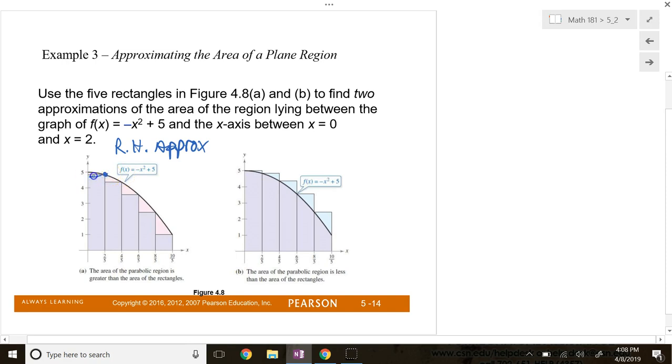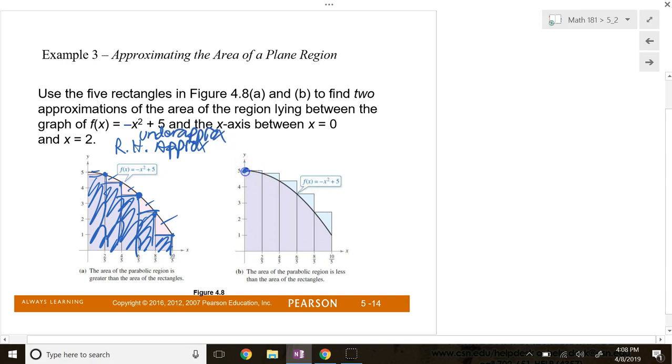We use the right hand for the height. Is this an under or an over approximation? If I add up all these areas, it's not quite the whole area. I've got little pieces of area that I'm missing. So this is an under approximation.